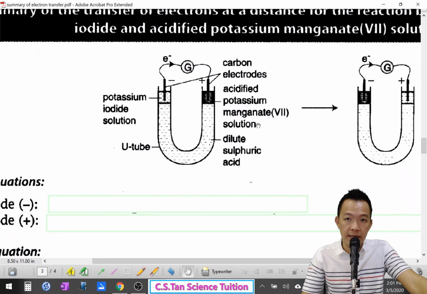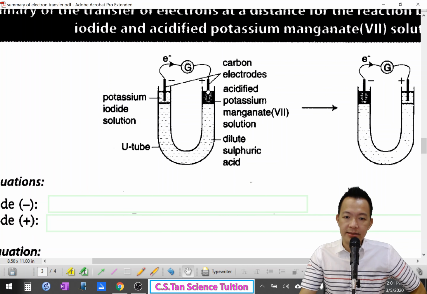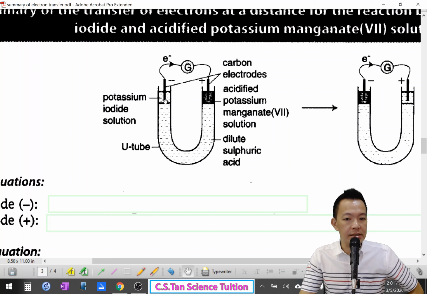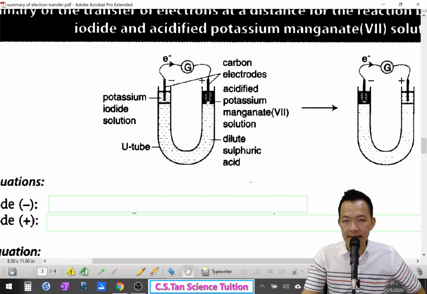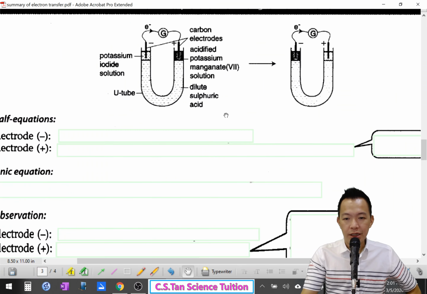Whoever meets it, electrons disappear. So iodide loses the electrons to become iodine. Colorless becomes brown. Okay, manganate gains the electron, reduced into manganese. So the purple color becomes colorless.